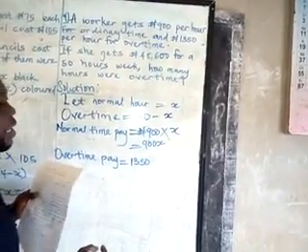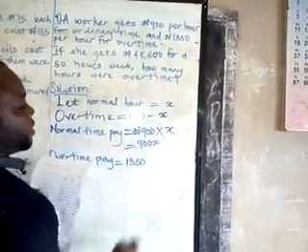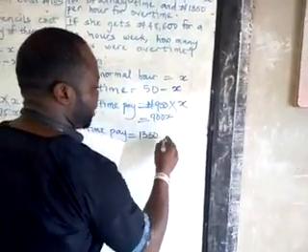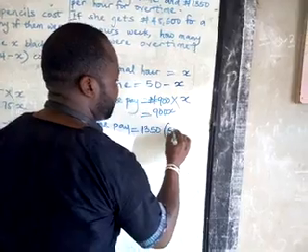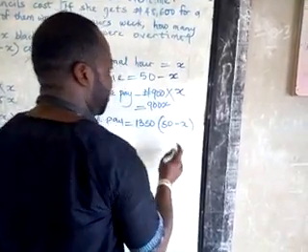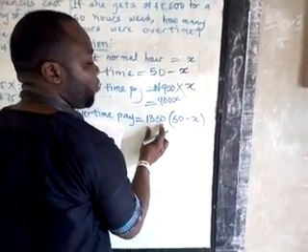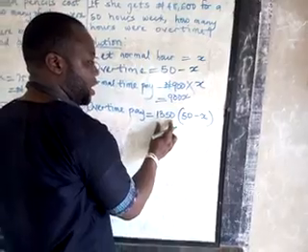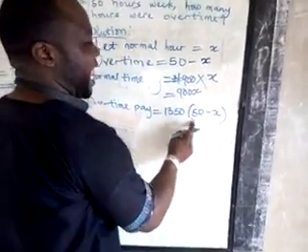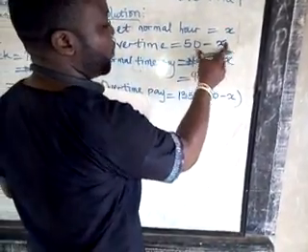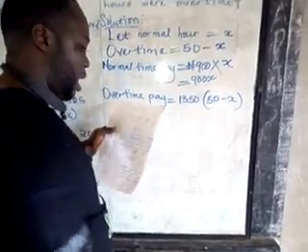What is the hour? 50 minus x. So instead of writing times 50 minus x, open your bracket, 50 minus x. Note, this is the hour for overtime. This is the amount to be paid per hour for overtime. Are you getting it now? So it will now be 1,350 times overtime, which is 50 minus x. That's what we have there.